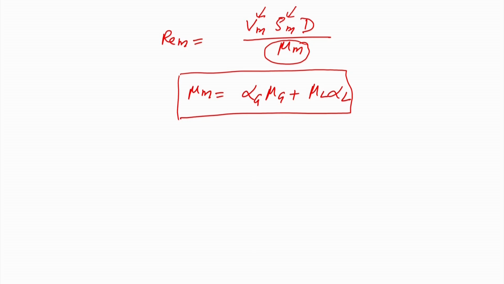Most of the cases this is not true, and that is why you have to depend on experimental data for mu m. It means if you are using the homogeneous model, at least one thing you need experimentally, and that is mu m, the mixture viscosity.